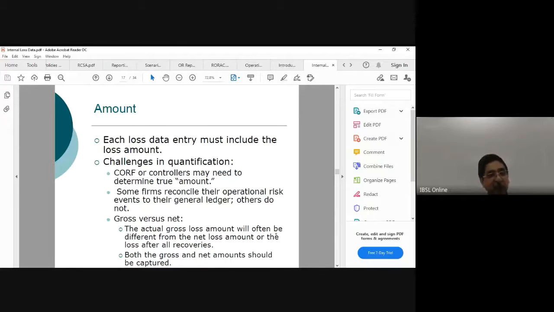So the loss reporting would be a little challenging, determining the true amount. And it says gross versus net. The actual gross loss amount will often be different from the net loss amount, or the loss after all recoveries. So I think this is a certain issue here.